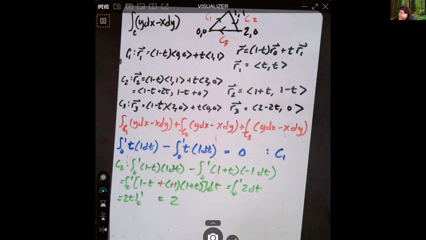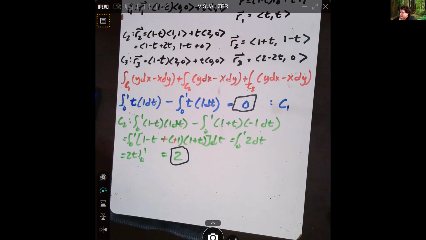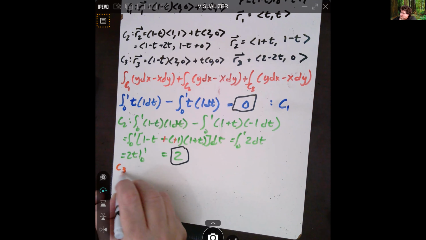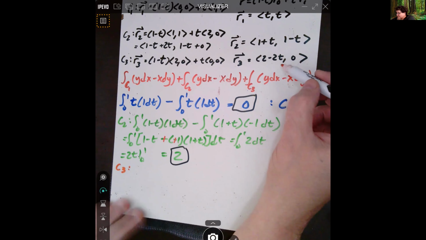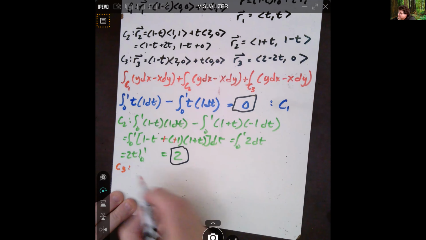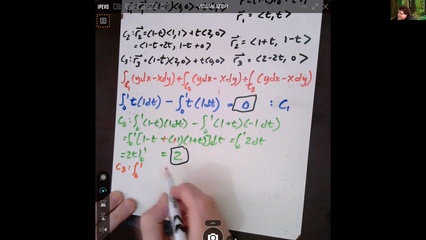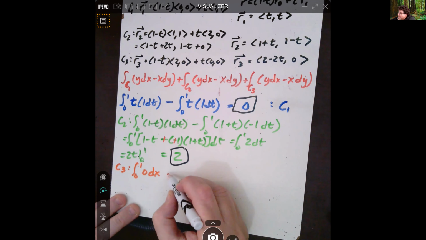So far, this is part 1's answer, this is part 2's answer. And if we look at curve 3, curve 3 is 2 minus 2t to 0. y is 0, so 0 dx, doesn't matter what dx is.